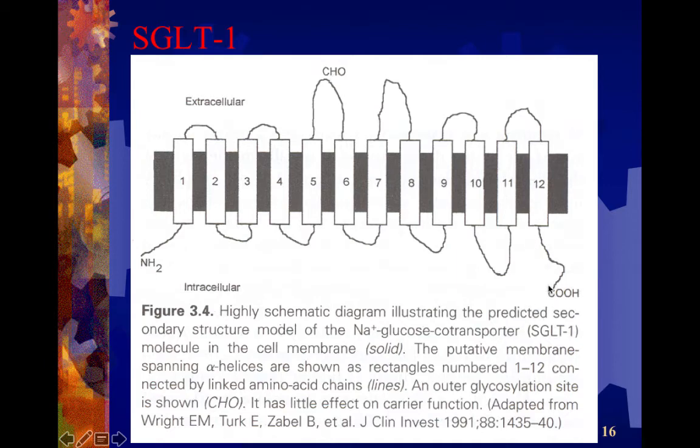Now, SGLT1s tend to be bigger than GLUTs. SGLTs tend to be about 650 amino acids long. An easy way to remember that would be, well, maybe it's because they also have a sodium binding site in addition to being able to recognize and transport glucose, so maybe they need to be a little bit bigger because of that. Okay, so they have some things in common, right? They can both recognize glucose.